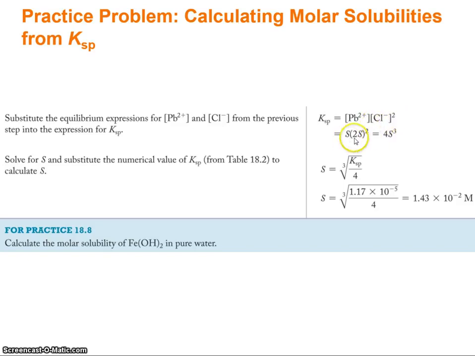So I get S times 2S squared, which is 4S cubed. S is the cube root of Ksp over 4, which is 1.4 times 10 to the minus 2 molar. And so that's not insignificant. Practice: calculate the molar solubility of iron hydroxide in water.